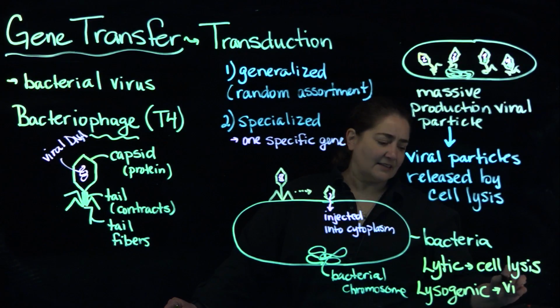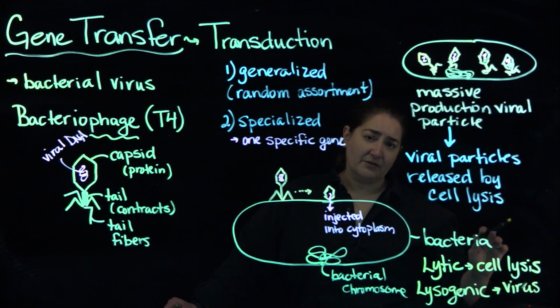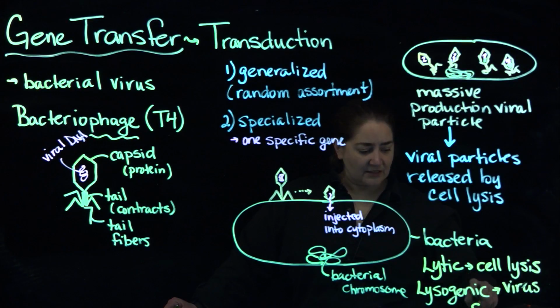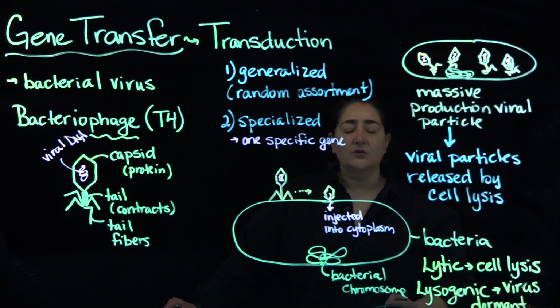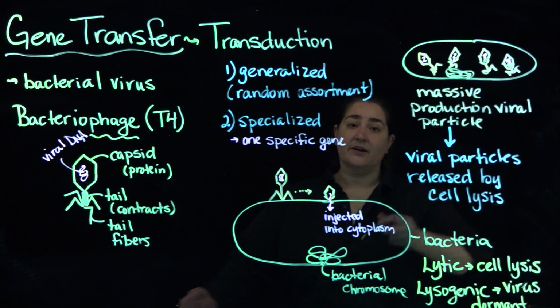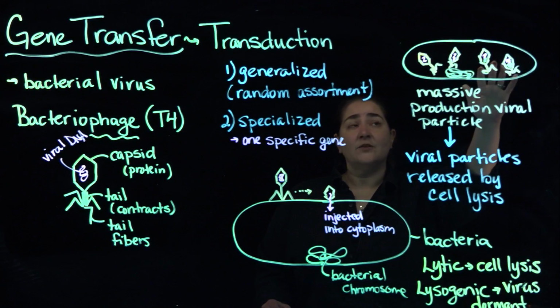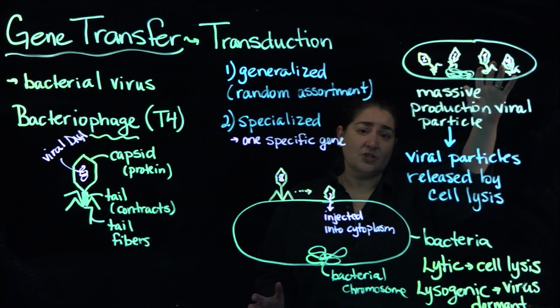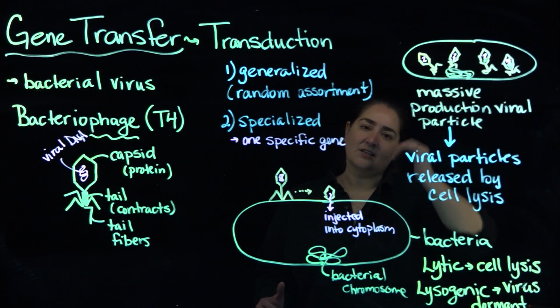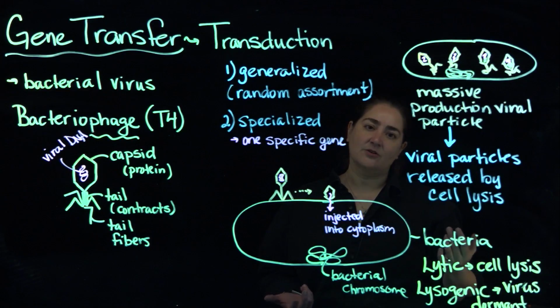In that case, the easy way for me to describe this right now, not having talked about the viruses yet, is that the virus essentially is going to be dormant. So instead of going in and pumping out all kinds of viral particles, it hangs out there in the bacterial cell. And if it's one of the ones that has the bit of extra genetic information, that genetic information can be passed on to the bacteria that picked up that bacteriophage, okay?